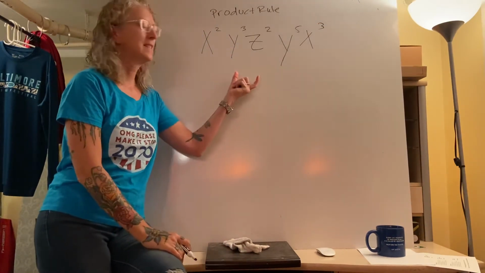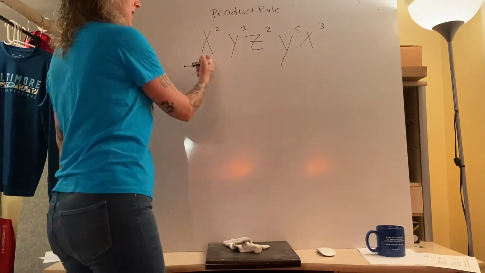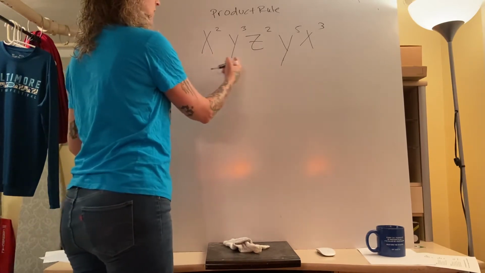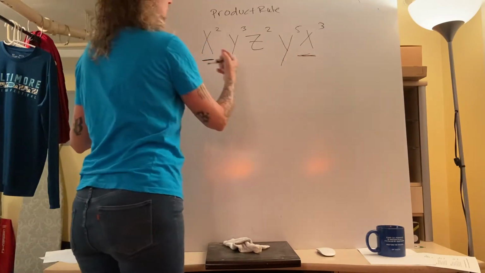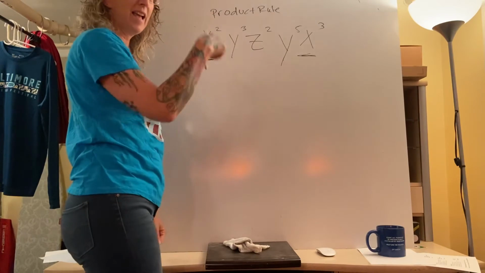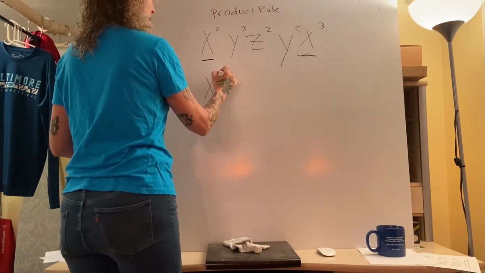So if you wanted to simplify that, the way I do it is I get the first base and I say, okay, are there any other x's? And I just put an underline. Yep, there's one, there's one. So x squared times x to the third is x to the 2 plus 3. So I have x to the fifth.